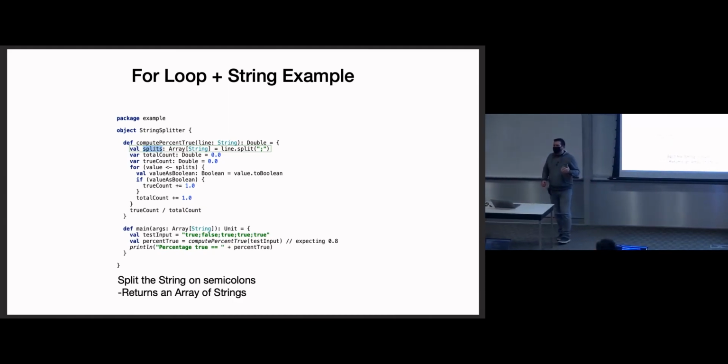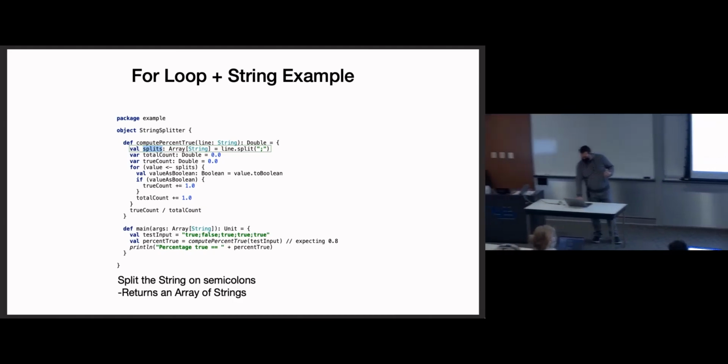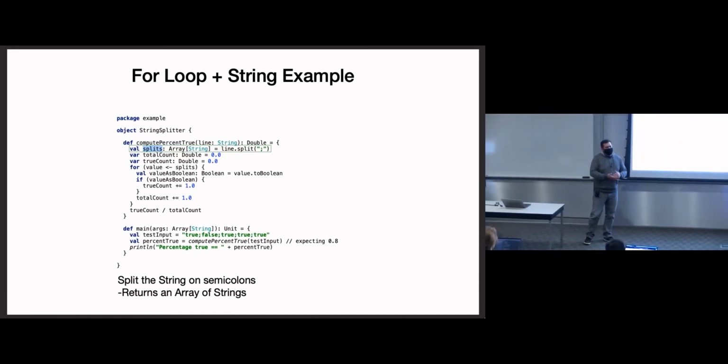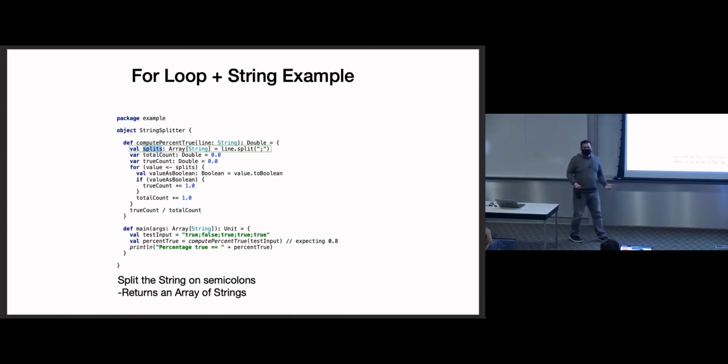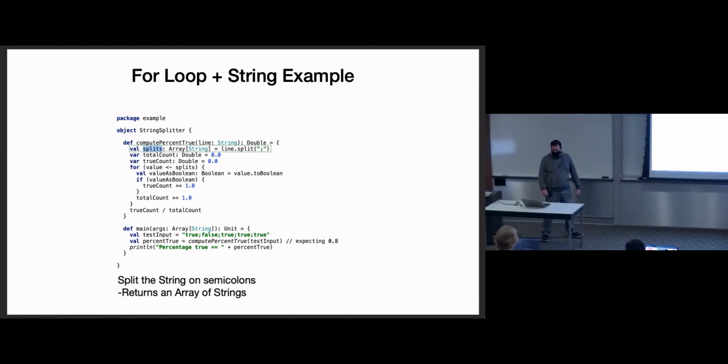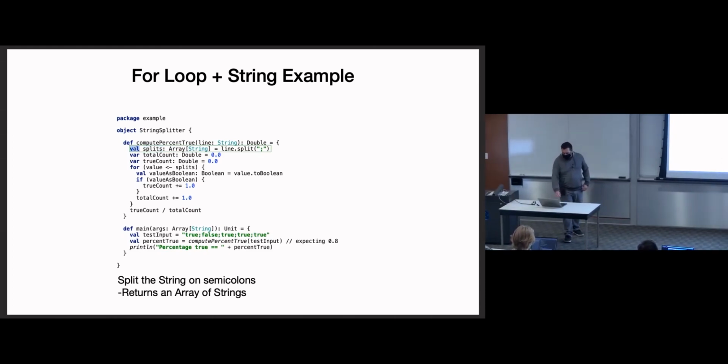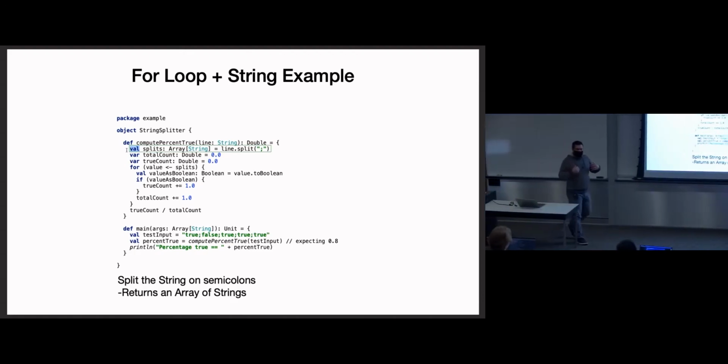It's typically good practice, if you don't expect a value to change, to put it in a val instead of a var. I'll usually hold to that in my lecture examples and in just my regular coding too. So if you see val, I expect that to not change, and it won't change. One reason I like to do this: if I expect it not to change, I'm going to put it as a val.